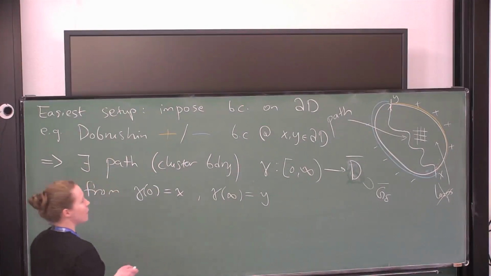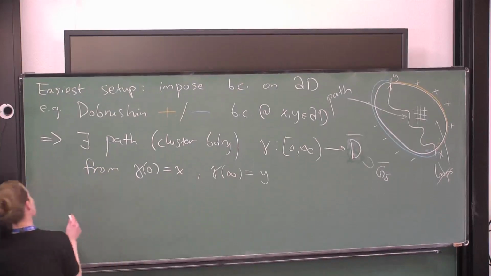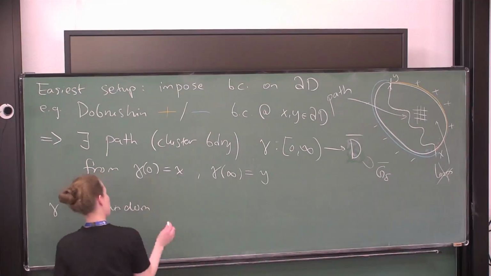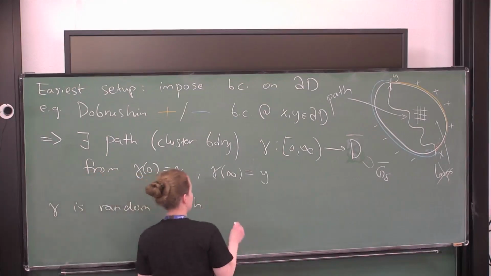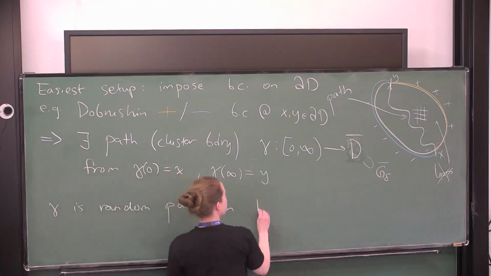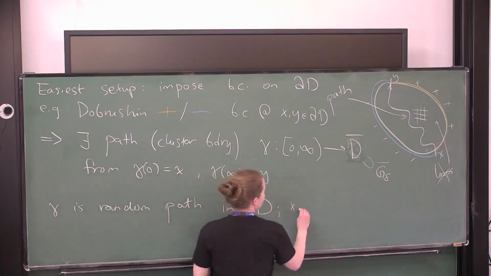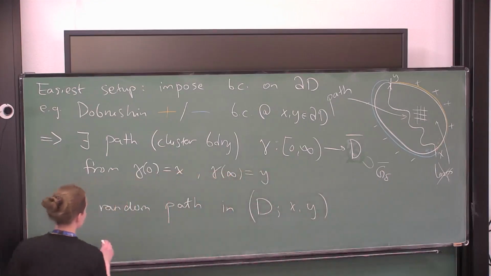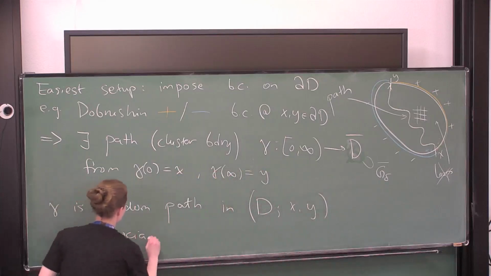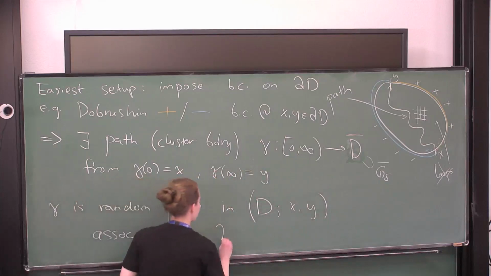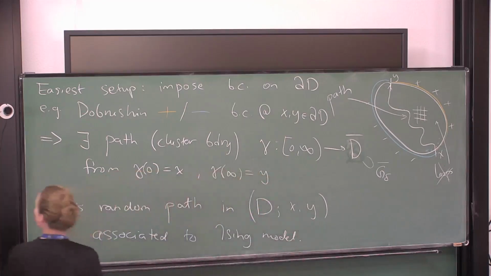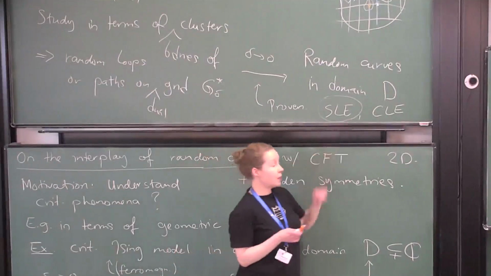So I could say that this is a random path in the domain that I've chosen. And it goes between two boundary points. It's indexed by this data, and also associated to the Ising model in my example. So then you could ask, can you take a limit and can you describe it?